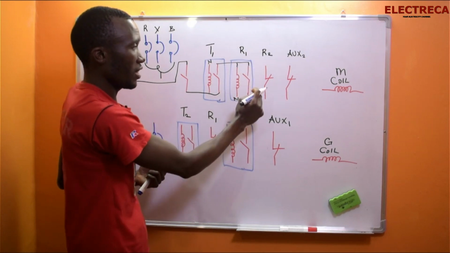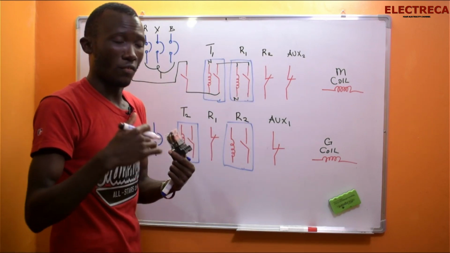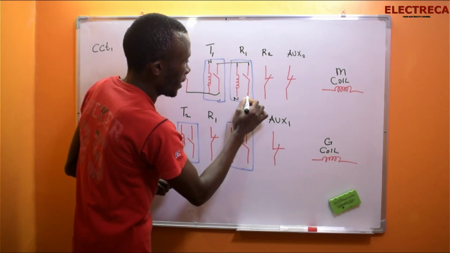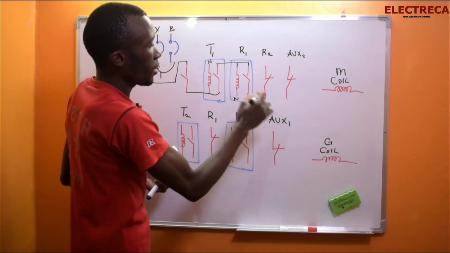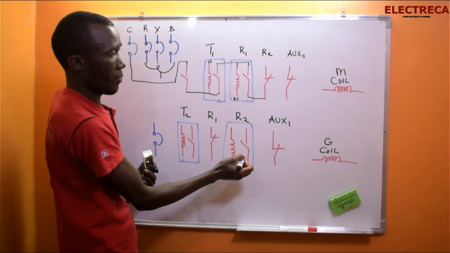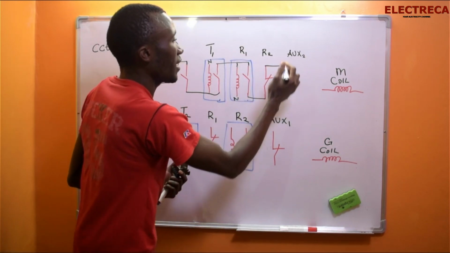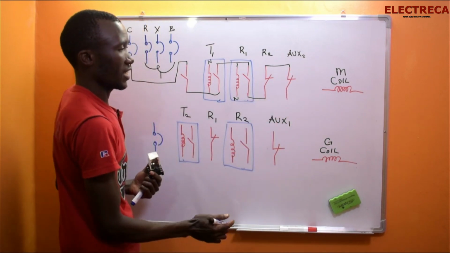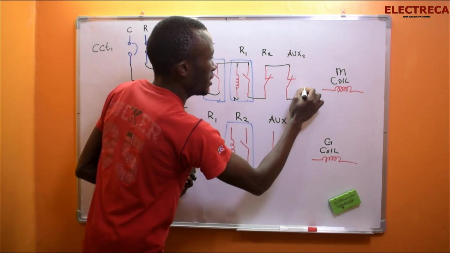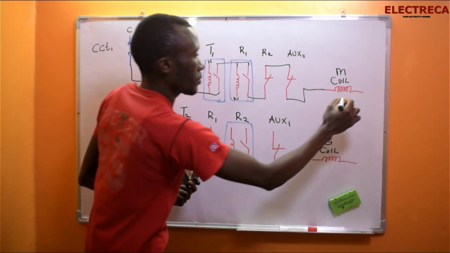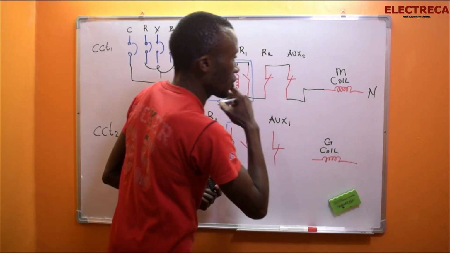R2 is the relay for the gen. So from right here, we are going through the relay number 2. Now from the relay, we'll go through the auxiliary 2 of this gen contactor. And lastly, we go to the contactor coil, and that's the neutral.